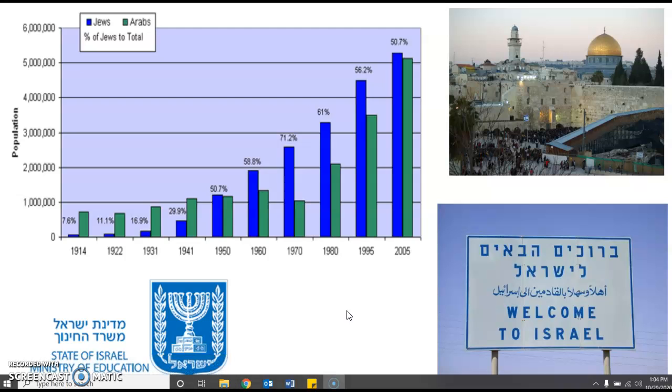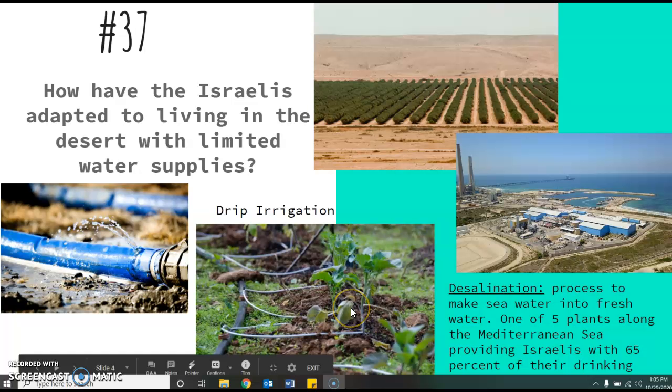And because of that, there's a lot of Jewish culture and a lot of Jewish history and political control. And that's okay, except for it doesn't always leave room for the Palestinian Arabs or other minority groups in this particular area. So the past of how Israel was created and the separation based on religion and ethnicity has really impacted modern Israel. So that's question number 36.